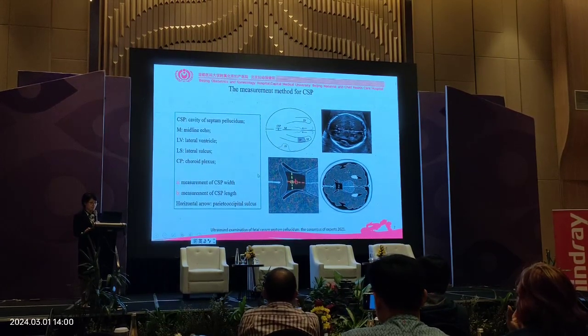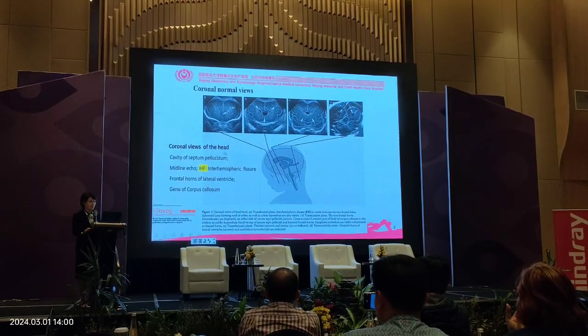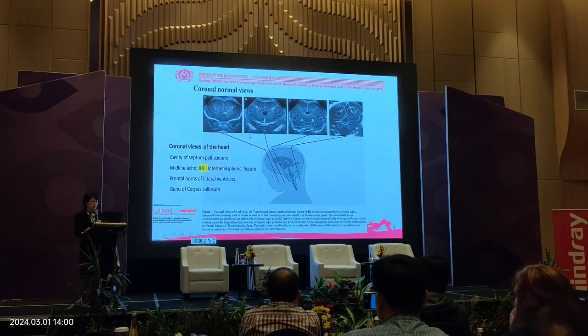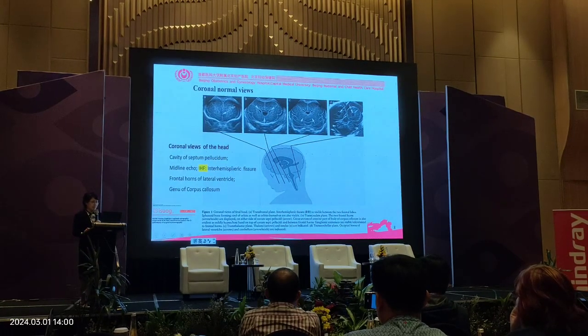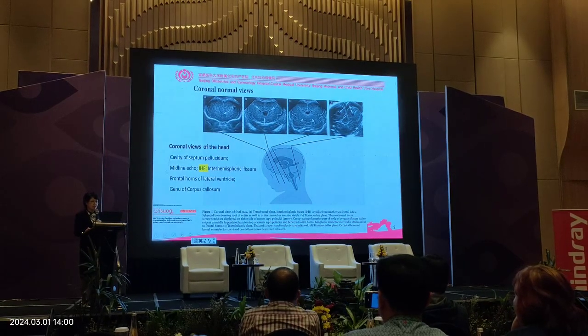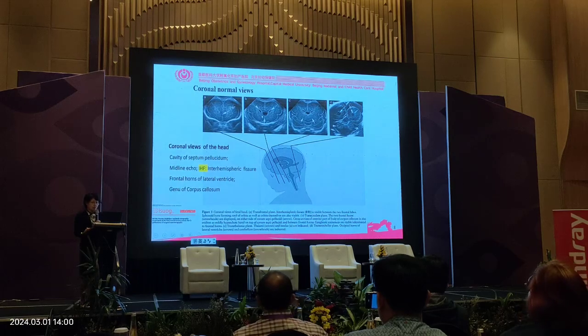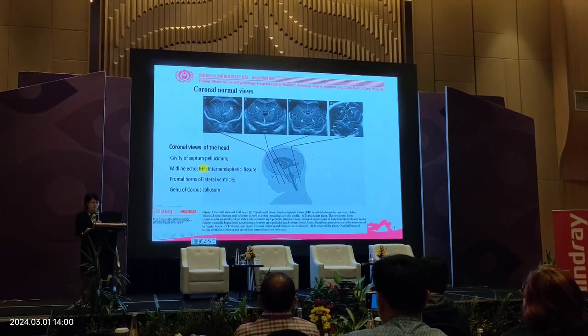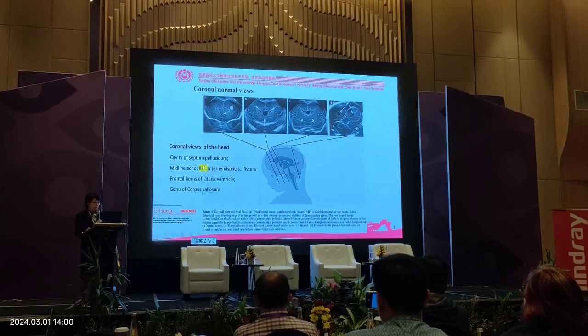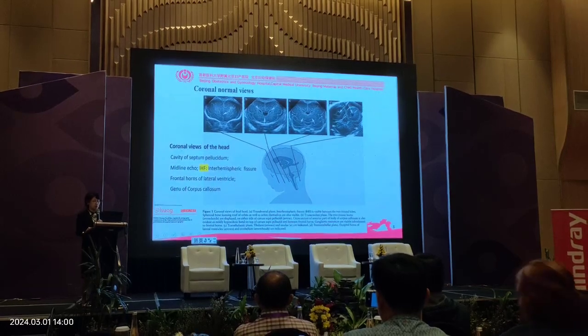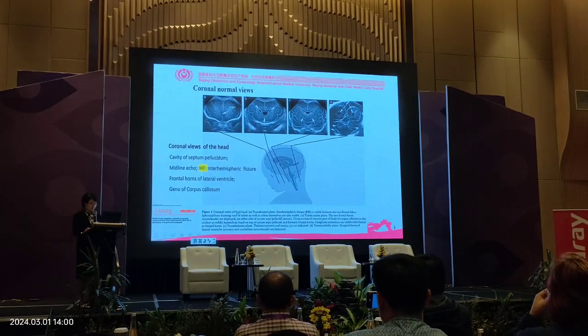Usually we would like to use the coronal views to observe the anatomy. There are different slices. We can see the IHF, the ventricle, and the genu. And we also focus on the frontal horns of the lateral ventricle here.